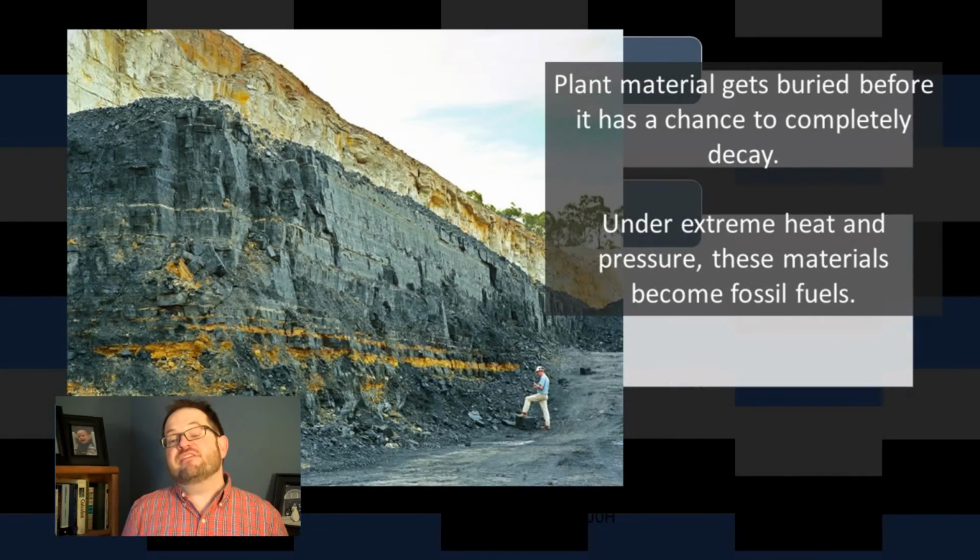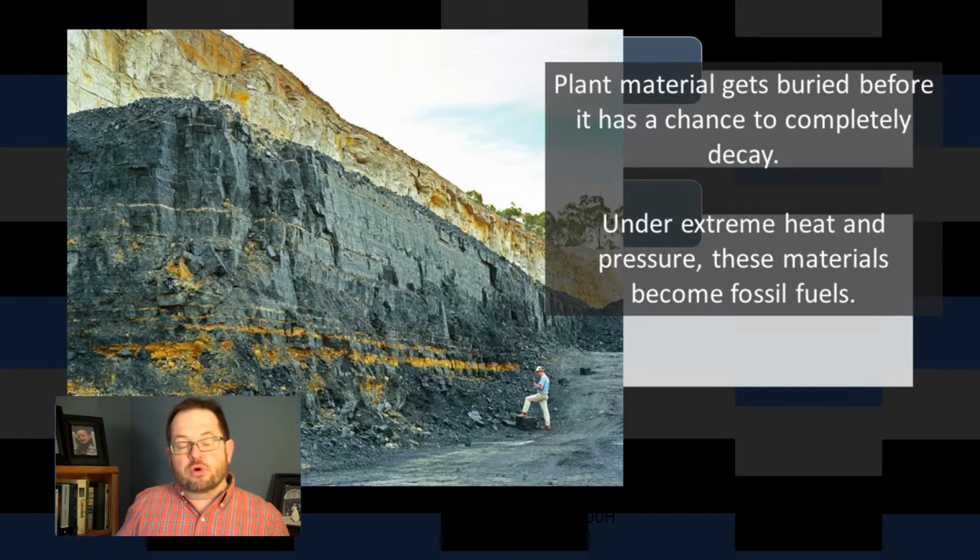Another way that we could do this is by the formation of fossil fuels. What I have here is a picture of a guy, and I don't know if you've ever seen how coal is mined, but it forms in these layers called seams. That's a coal seam right there, that big black thing that's maybe 3 times as tall as the man. They are going to be extracting that coal using bulldozers and backhoes from that layer.